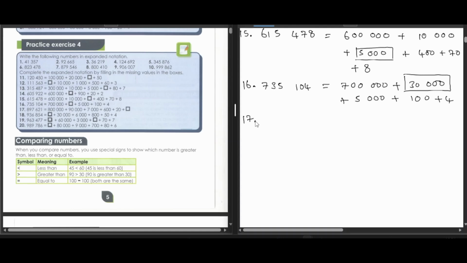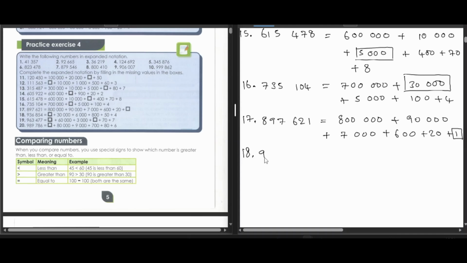Number 17, 897,621 is equal to 800,000 which is written plus 90,000 which is written plus 7,000 plus 600 plus 20, the one not written, plus 1, which is under units, like this.